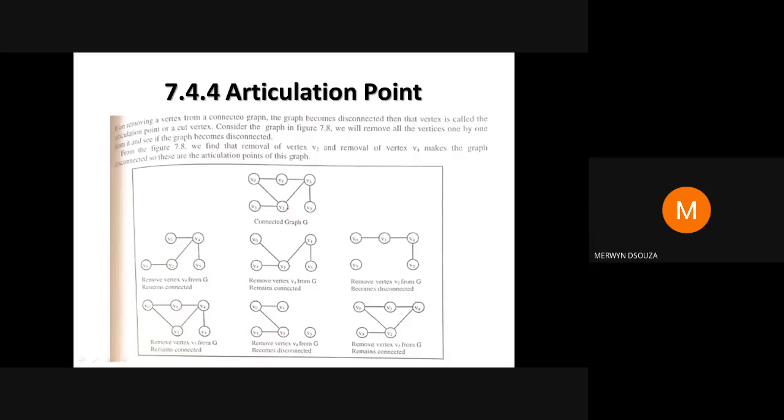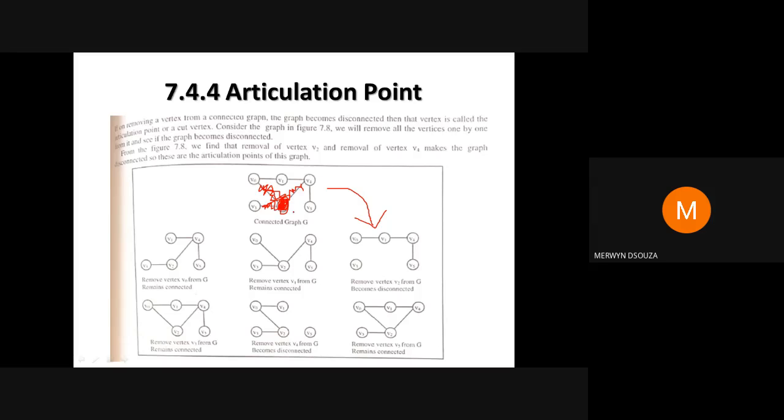So for example, if I remove this vertex, obviously all these edges will not be there, like it is shown here, and then that graph will become disconnected. So that vertex is known as the articulation point.